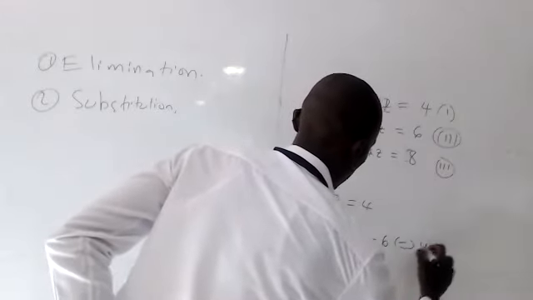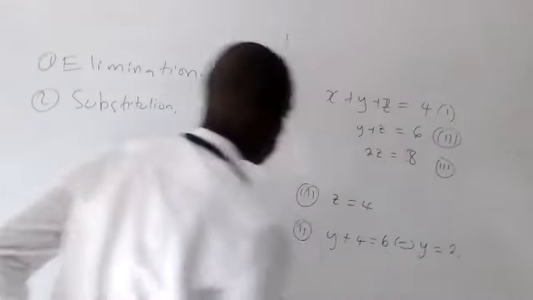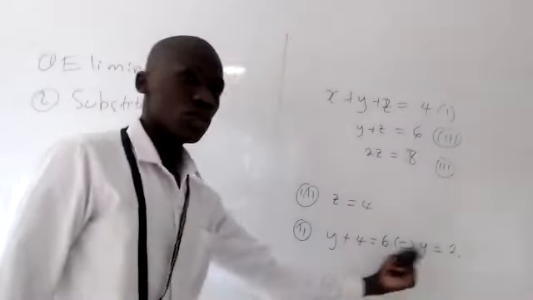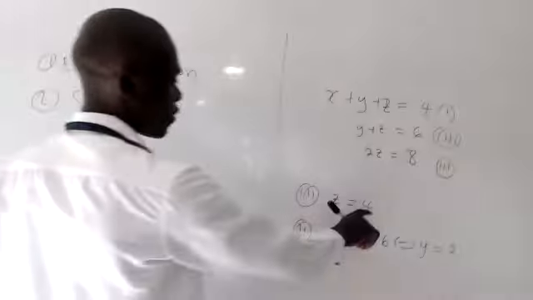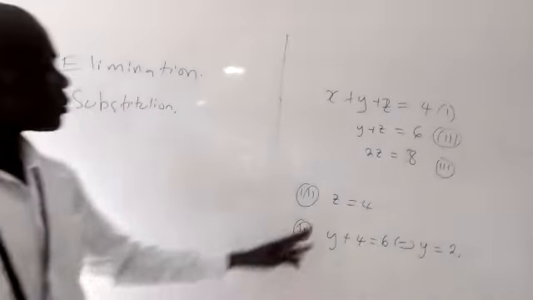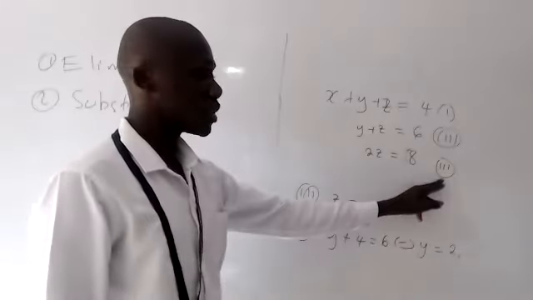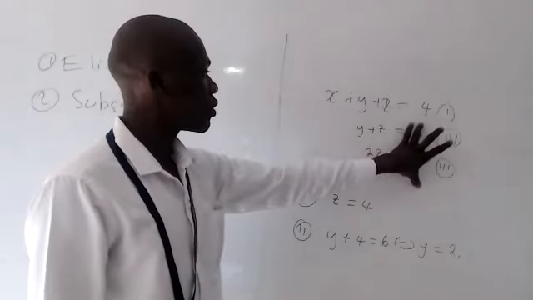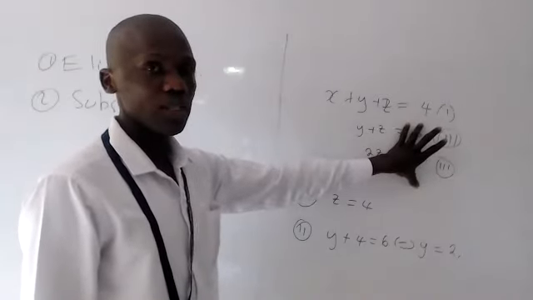That means y must be 2, by subtracting 4 from both sides. So now we have z is 4 and y is 2. If I put z is 4, the third equation is satisfied. If I put z is 4 and y is 2, the second equation is also satisfied.